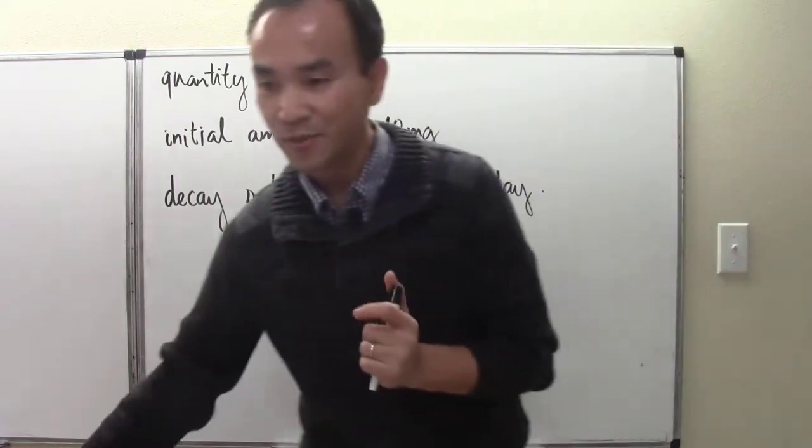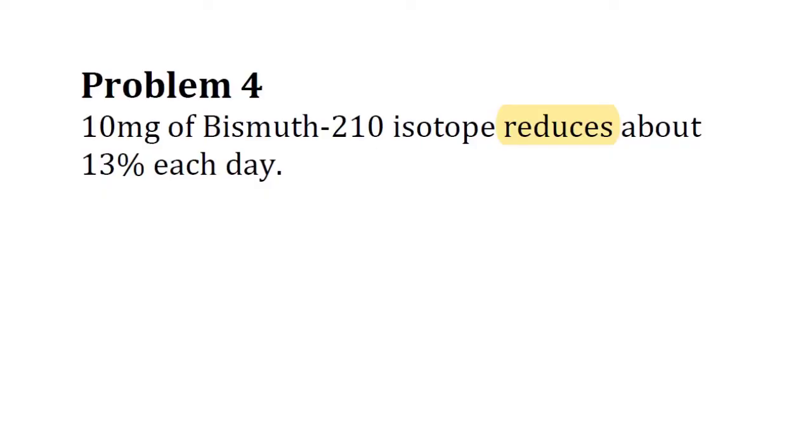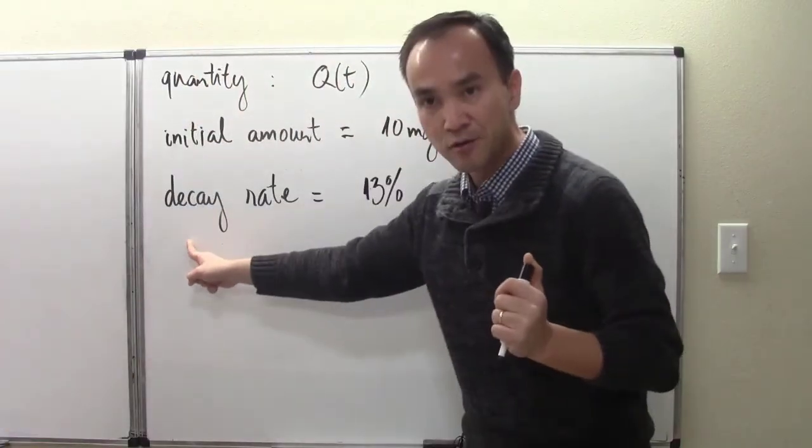The wording was indicating that it's about 13% each day, and that's how I understood that we had a decay rate. The daily term that we're using here is reduces itself. This starting amount is reducing itself, but reducing in formal terms is a decay process.